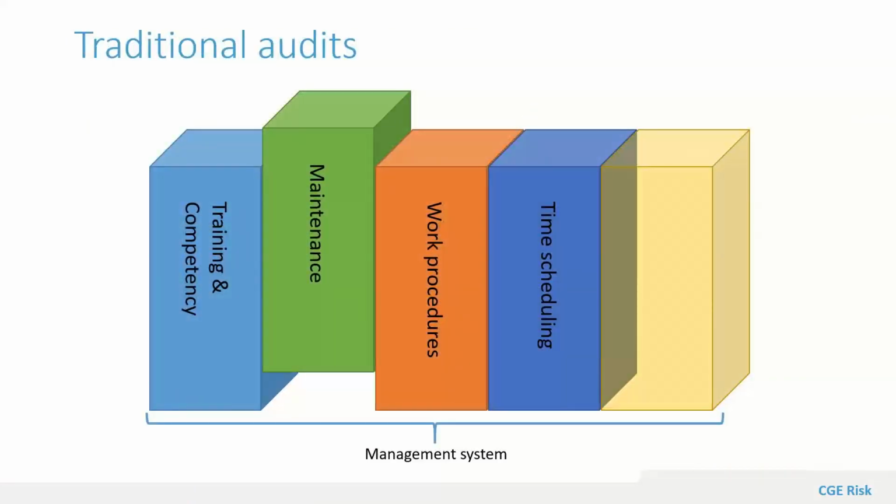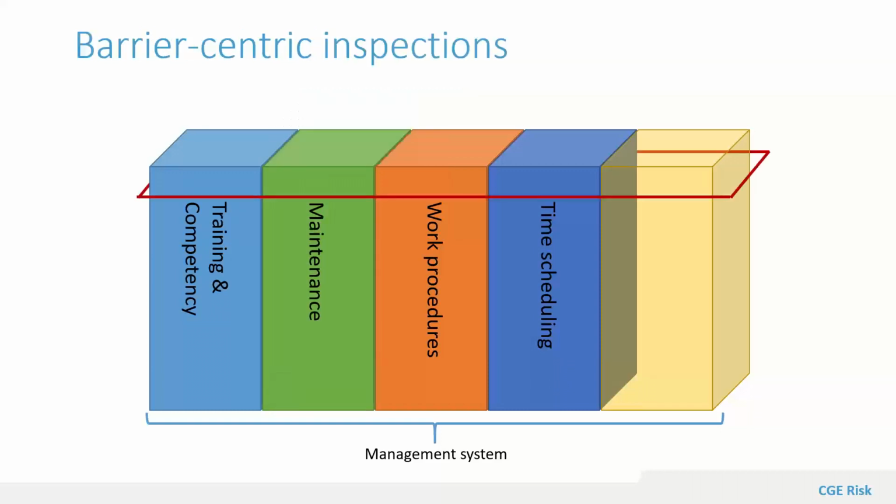With that being said, barrier-centric inspections are closely related to traditional audits, where within traditional audits, the main focus is on taking one of the pillars from our safety management system and auditing that until we know whether it is compliant or not. With barrier-centric inspections, we are focusing on a scenario.